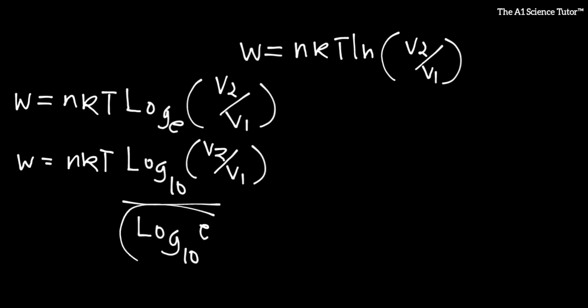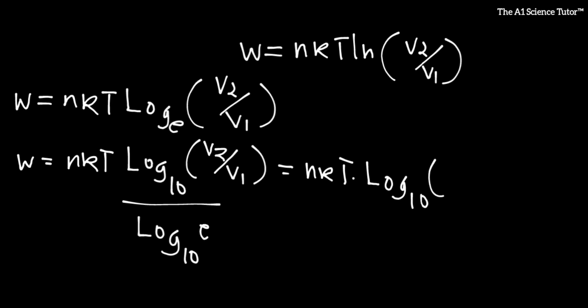Now, if I wanted to take this away from this form, we're just going to have nRT multiplied by log to the base 10 of V2 over V1, and this would also be multiplied by 1 over log to the base 10 of e.